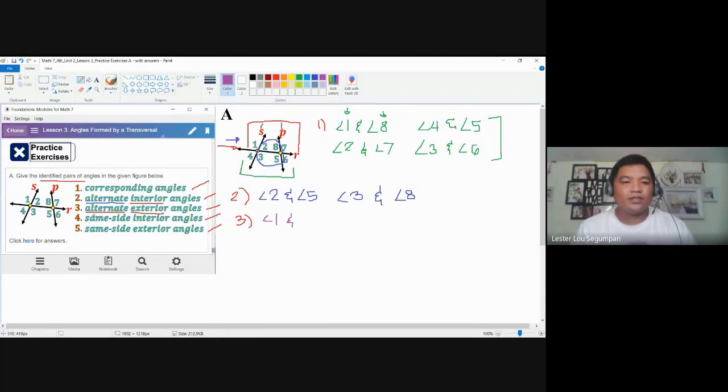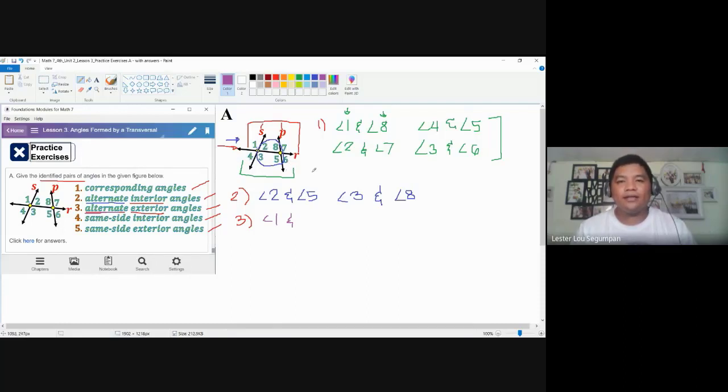The second condition is given by the name alternating. If we talk about alternating, angle 7 will not be possible anymore, for angle 7 and angle 1 are found on the same side. Alternating angles means they are found on opposite sides. So it could only be angle 4 or angle 6 that could be paired with angle 1.